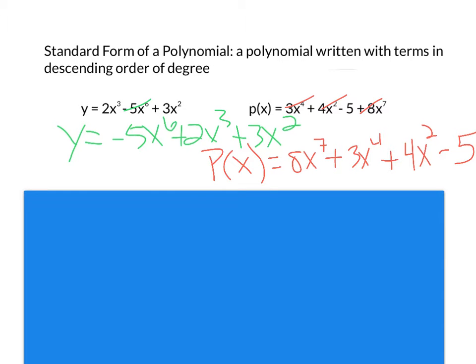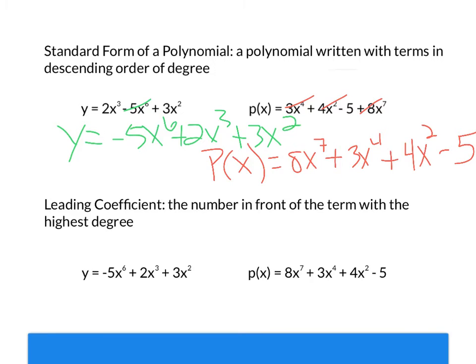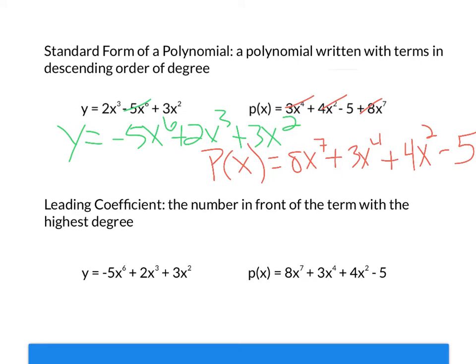The final term that we need to define is the leading coefficient, which is just the number in front, or the coefficient, of the term with the highest degree. So now that both of these polynomials are written in standard form, it's really simple to identify the leading coefficient. It would just be the number in front of the first term when it's written in standard form. If not, identify the term with the highest degree and then find the number in front of it.